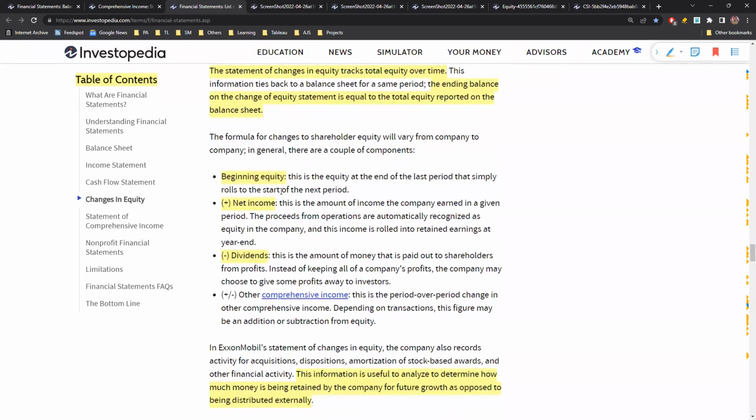So this is basically one way to calculate the changes in shareholder equity. But again, this is not an absolute rule. Companies may tend to add more elements to the formula as well.